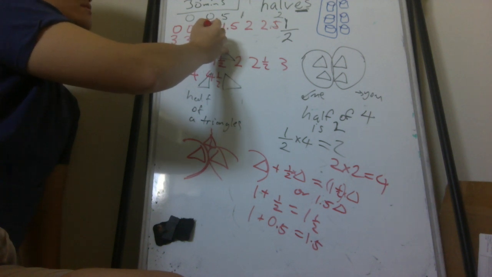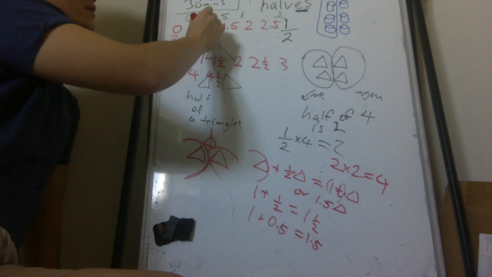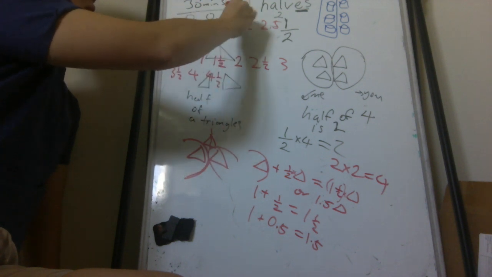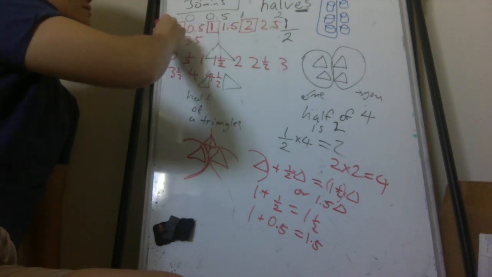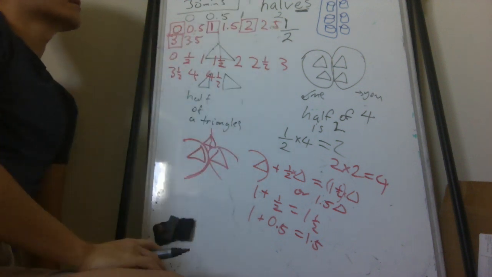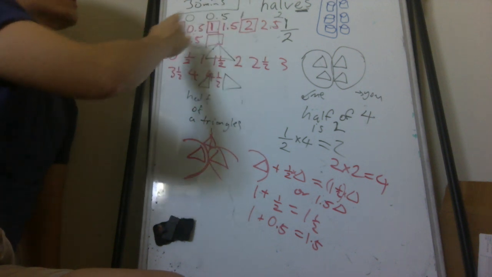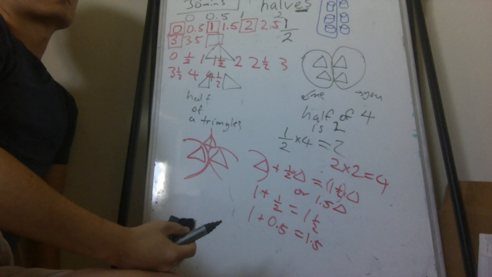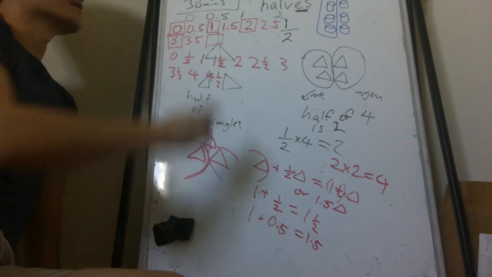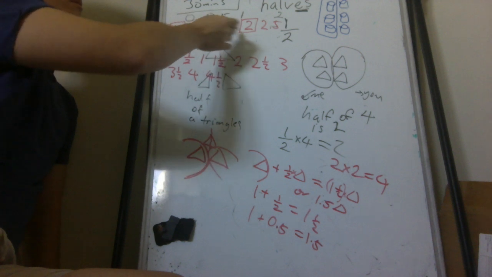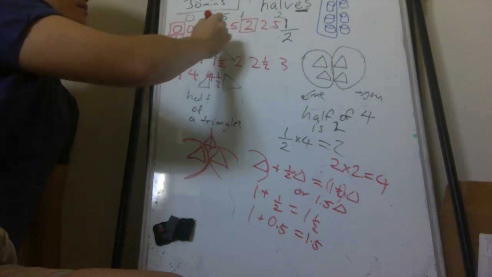So if you didn't have the 0.5, it'd just be 0, 1, 2, 3, right? What would go next here? 0, 1, 2, 3. Yeah, 4, right? Because the numbers are still going up the same, there's just one more extra thing in between. So what's after 4?